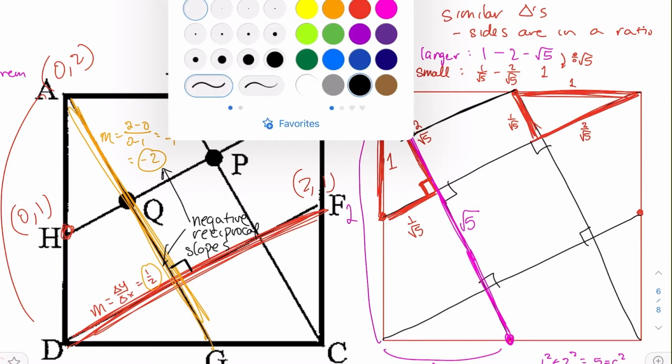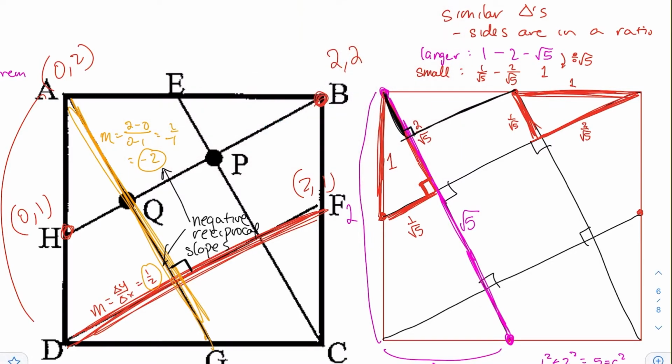Now for this smaller right triangle that I have in black, it's actually the same as this red triangle. Again, when we draw it to scale, it's much easier to see. But you have this right angle here. You have the same angle because these 2 lines are parallel. So these are corresponding angles. And then this angle up here is also equal to this angle up here. So everything is the same.